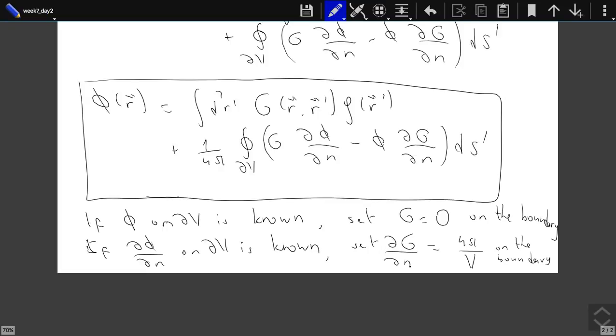For example, if you know the value of phi on the boundary, which can be as complicated as you like, it's enough to solve for the point charge with 0 boundary condition. So we first solve for G, which satisfies the 0 boundary condition, put it in this integral, and then the result will give us the phi with that complicated boundary value.